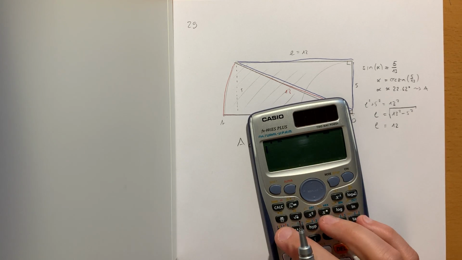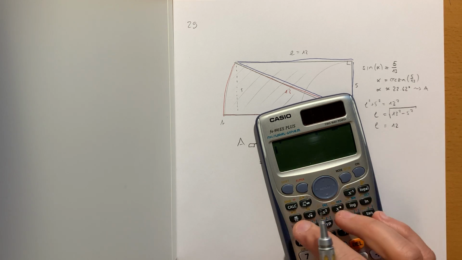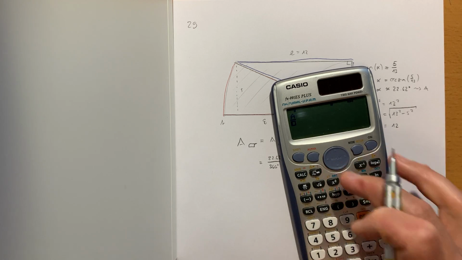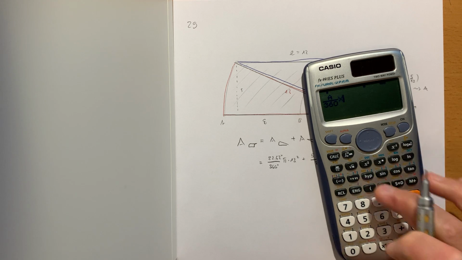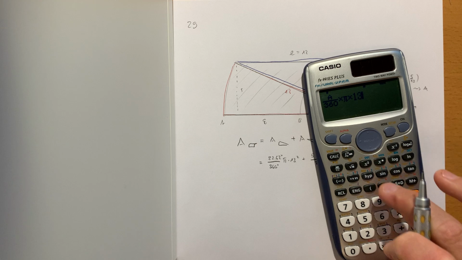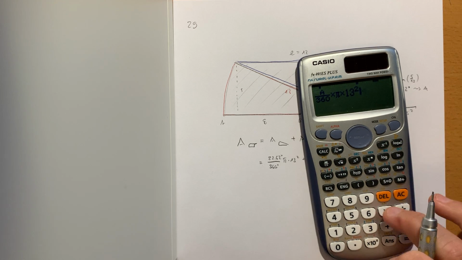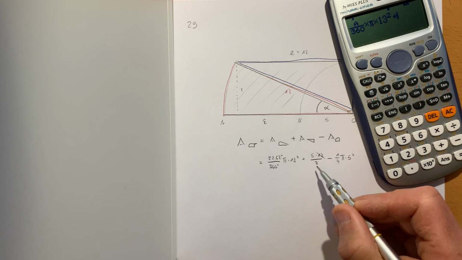Recall A over 360 times pi times 13 squared, which is 169, plus 5 times 12 divided by 2. Well, you can simplify that.